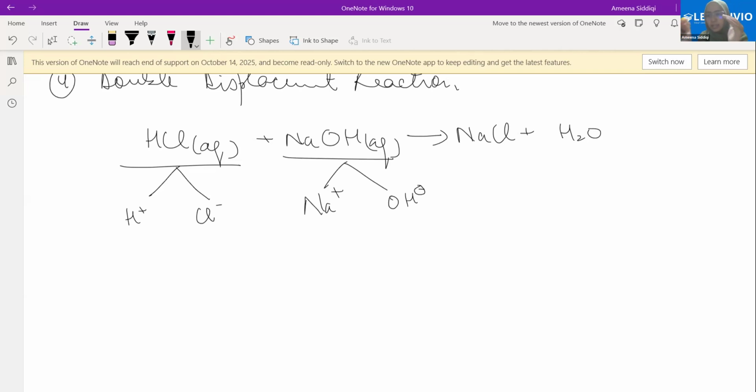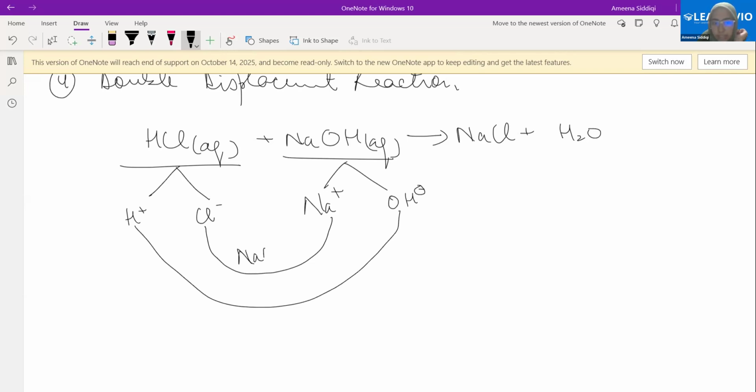Now, as soon as they are mixed together, they are in the aqueous forms, and because of the water, the dissociation will take place. Now, what will happen? Exchange of ions will take place, or in simple words, double displacement is taking place. Things are getting displaced 2 times. How? See, this Na will bond with this Cl, and this H plus and this OH minus will bond together.